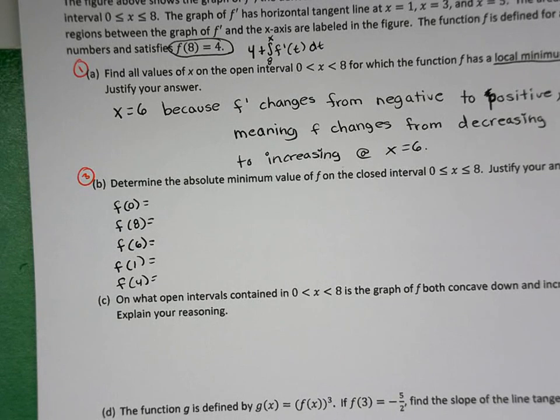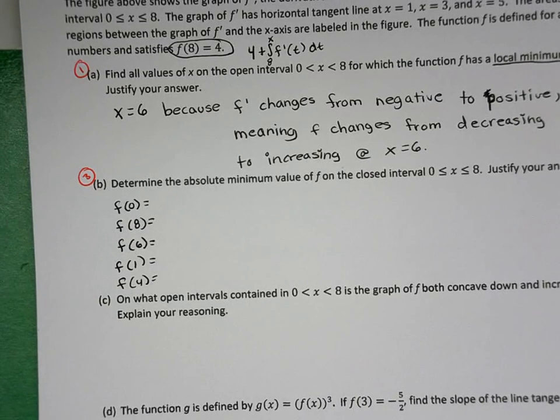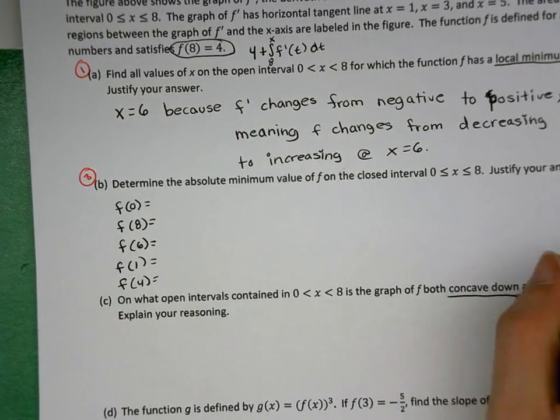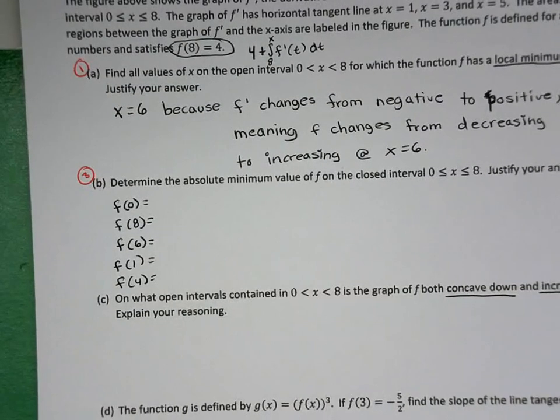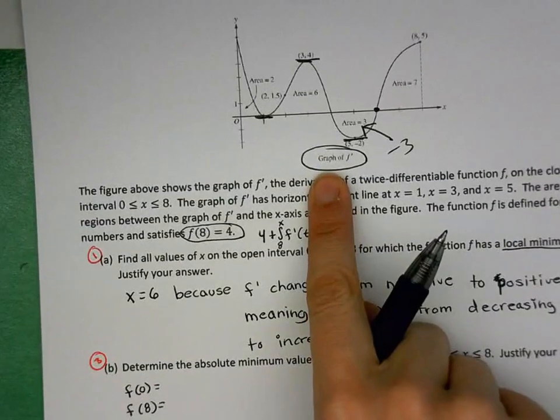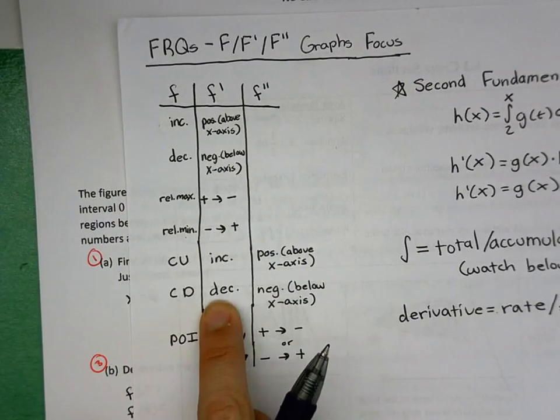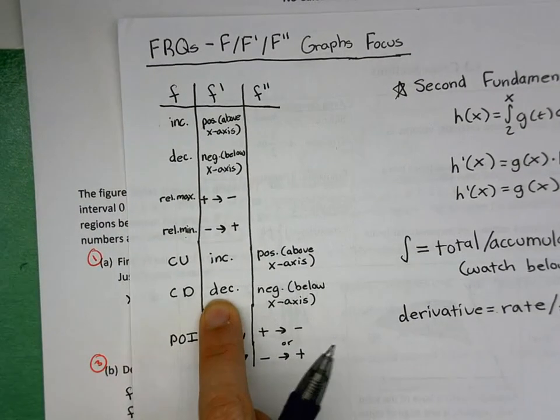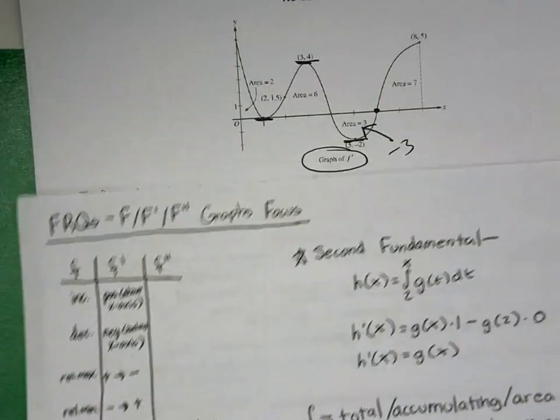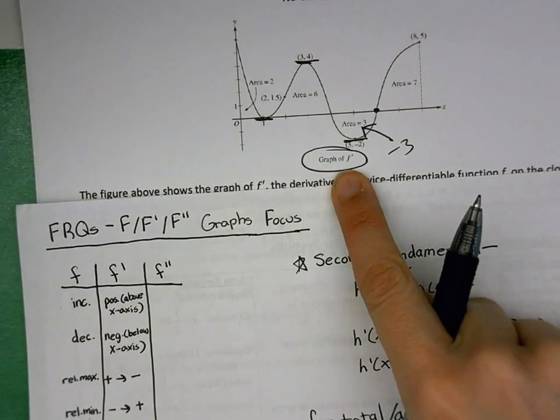On what open intervals contained between 0 and 8 is the graph of f both concave down and increasing? Okay, well, for f to be concave down on an f prime graph, what does that mean? Well, f concave down means f prime is decreasing. And for f to be increasing on an f prime graph, what does that mean?